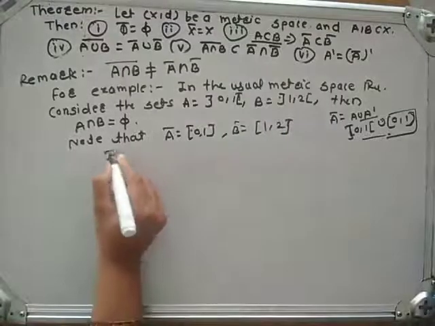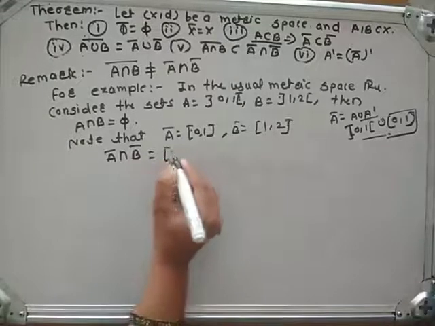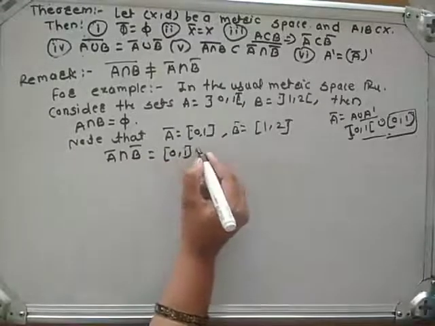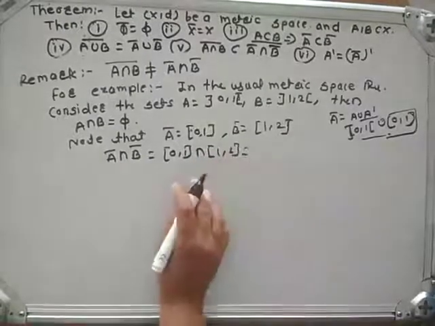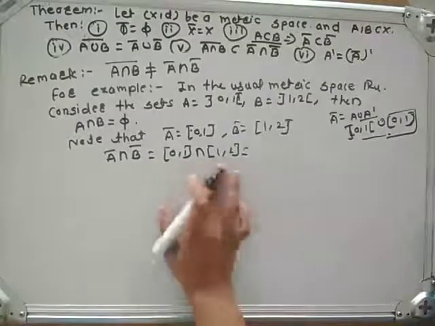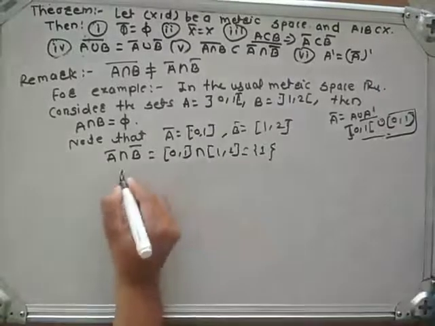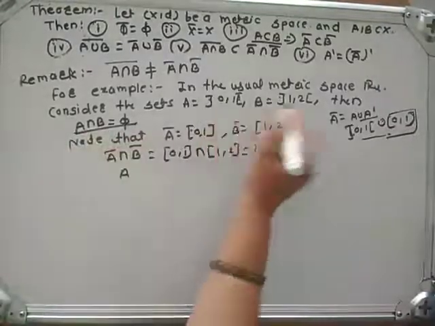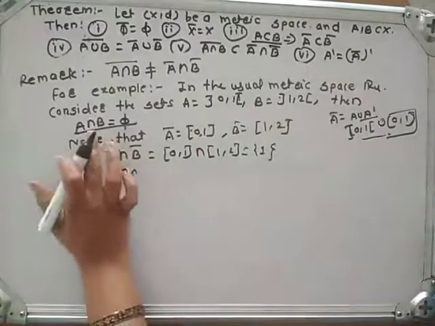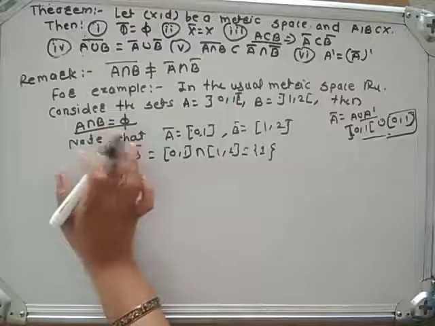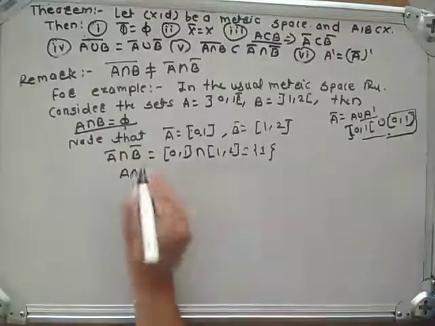Now find A closure intersection B closure. Closed interval [0,1] intersection closed interval [1,2]. Obviously, the intersection of these two intervals is singleton 1. And A intersection B is equal to phi.